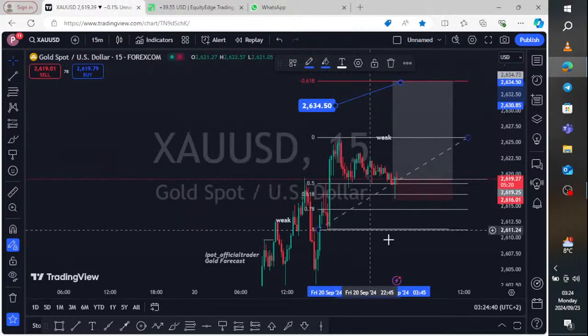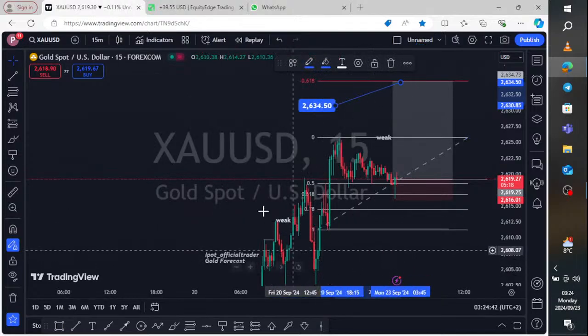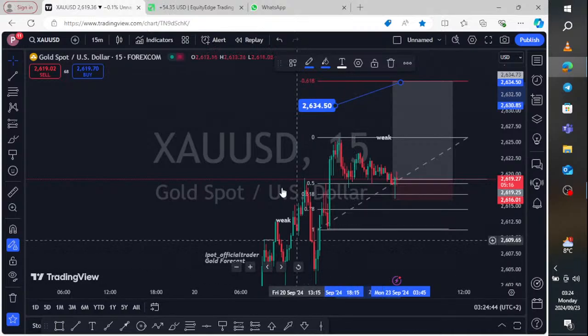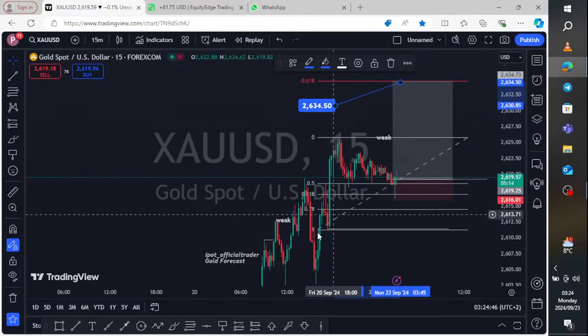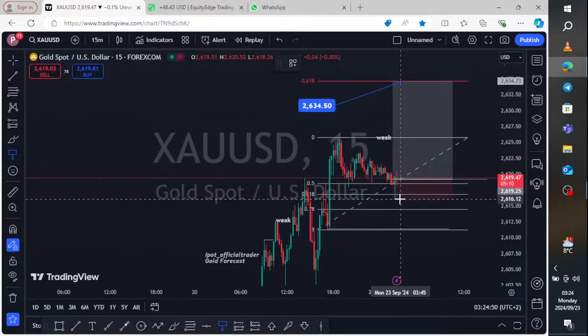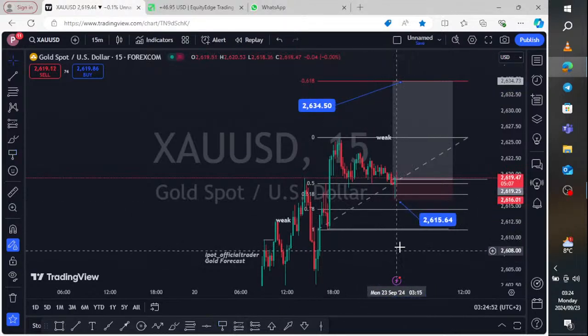Let's make it 50, and then stop out price. Let's see what would be the stop out price right there. Anything right below, and then we can take it.